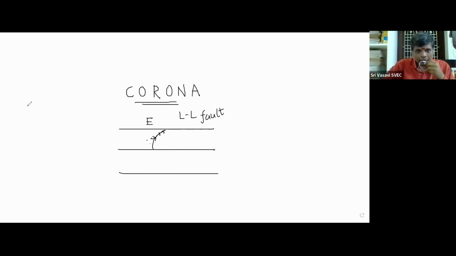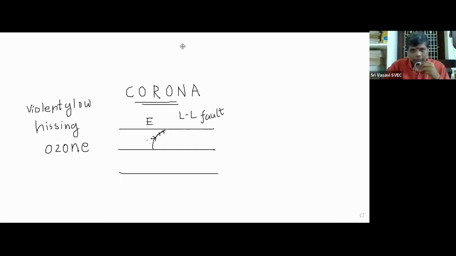When corona forms, there is a violent glow, and there is a hissing noise, and there is production of ozone gas around the conductors. So this is about corona formation.